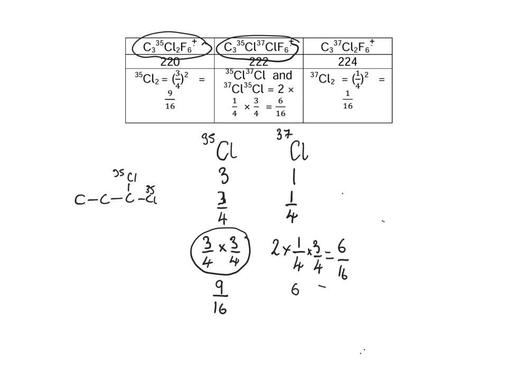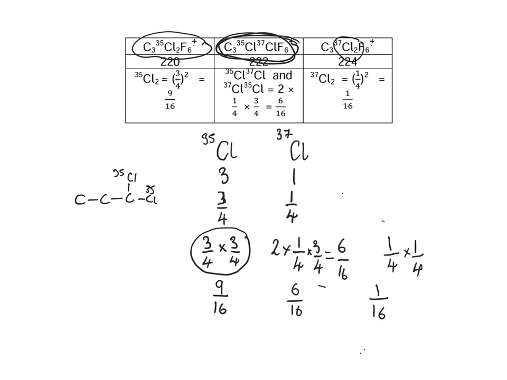So the ratio is 6 to 16 of this molecular line here. So finally, to get the proportion of molecules which contain the rarest isotope, chlorine 37, well, there were 2 of those chlorine atoms in the molecules, that's 1/4 times 1/4, which comes out as 1/16.